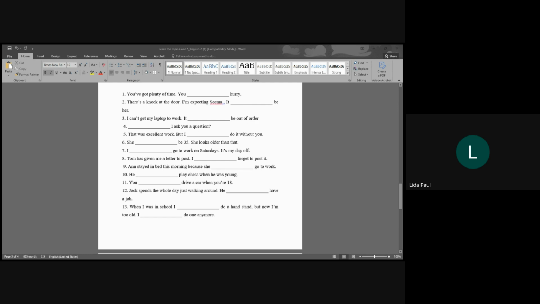I'll tell you why, but can you try? Because look at the sentence. There's a knock at the door. I'm expecting Seema, right? So you're sort of making a guess. When you have to do guesswork, usually you use the modal verb must. It must be him. So it basically means that you're expecting somebody and you are making a guess on that.